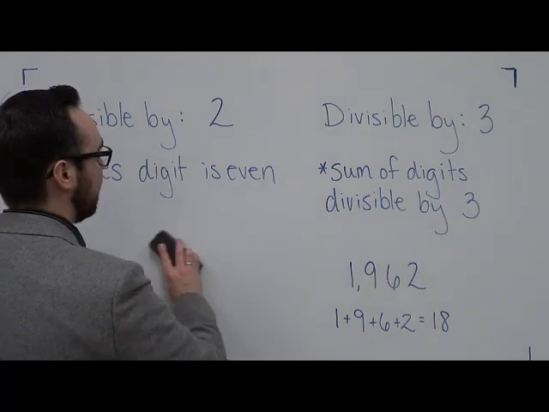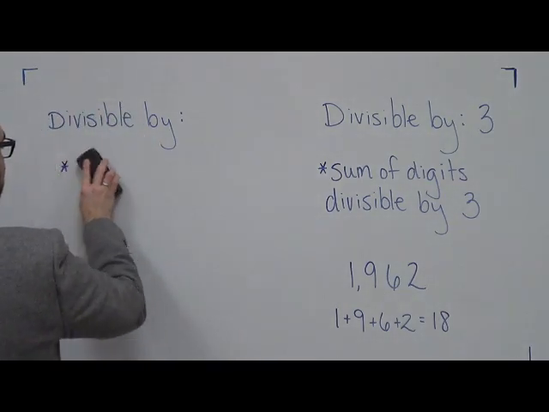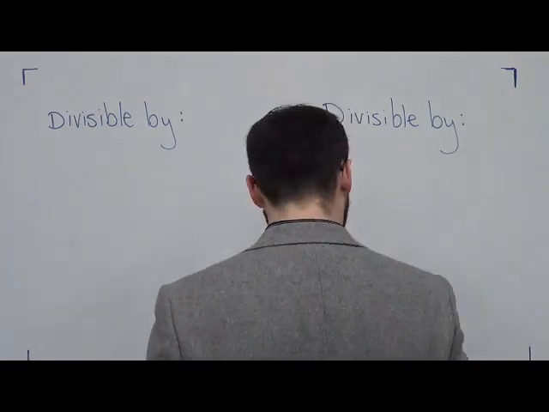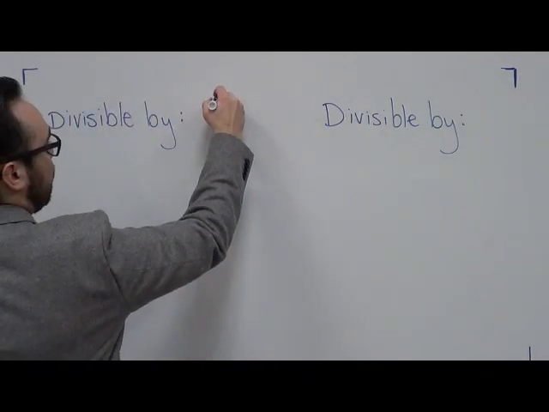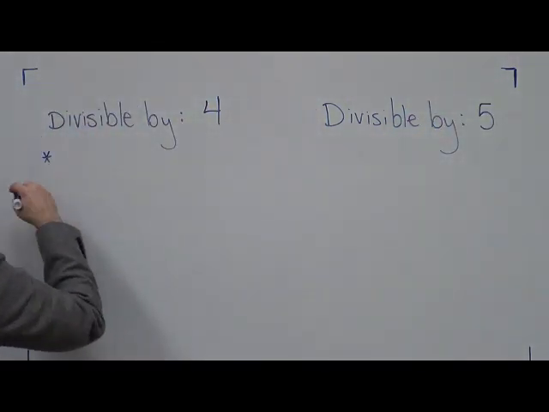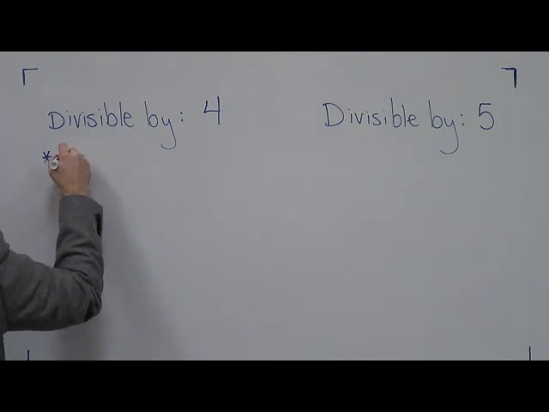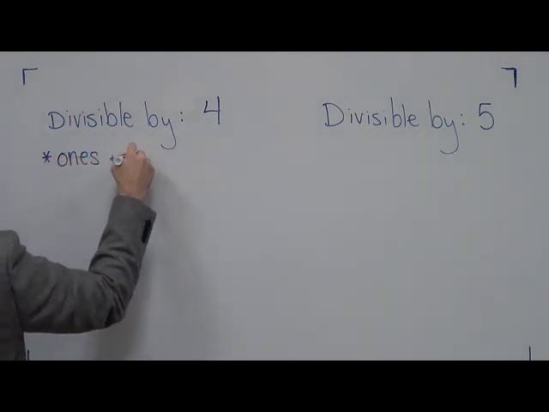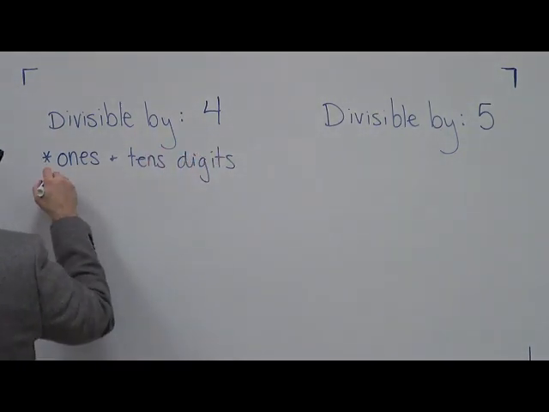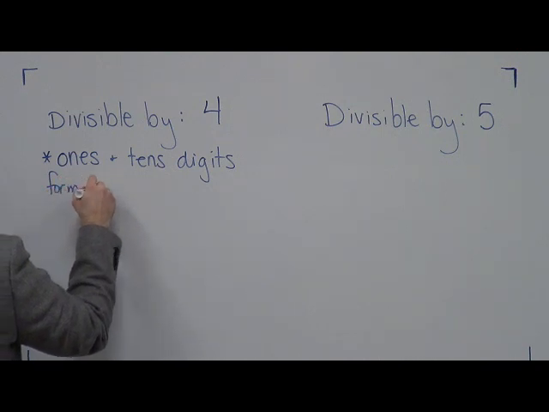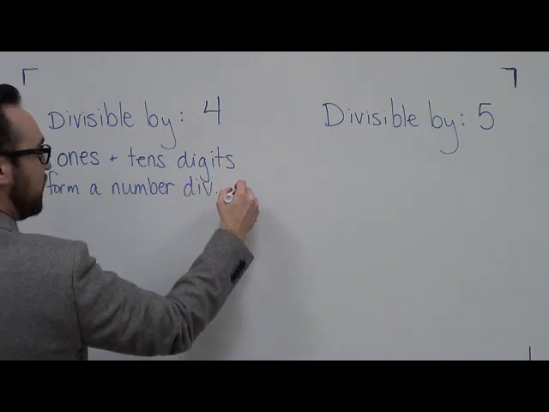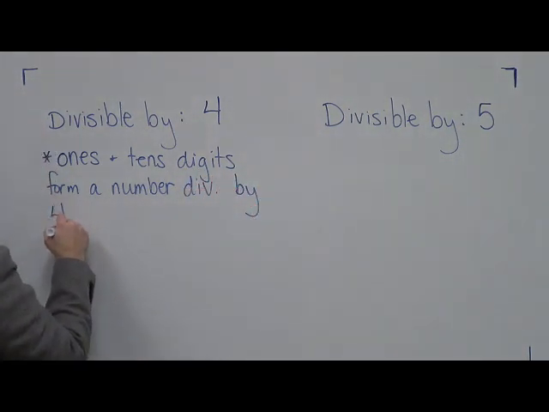Alright, so let's look at the next two. We're going to look at 4 and 5. 5 we know is easy, but 4 we'll look at a little more in depth. The ones and tens digits form a number divisible by 4.